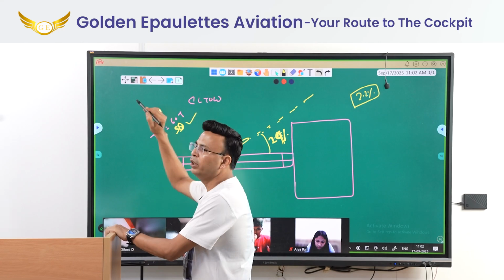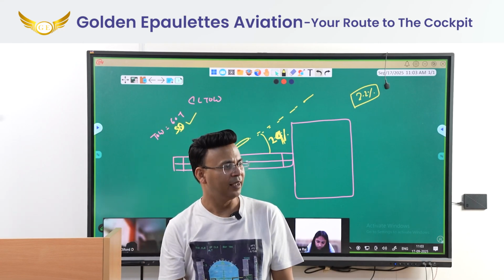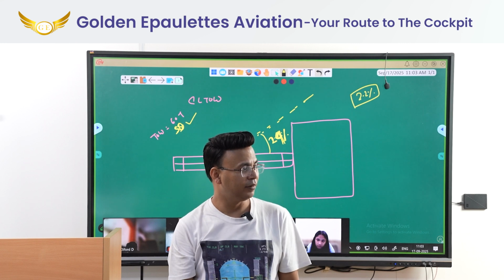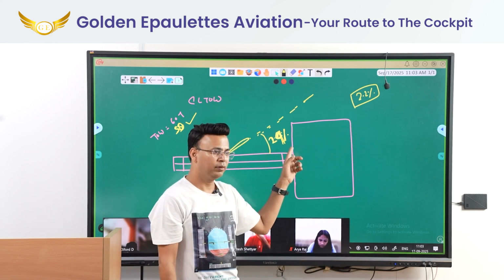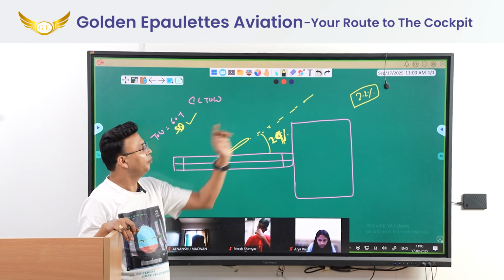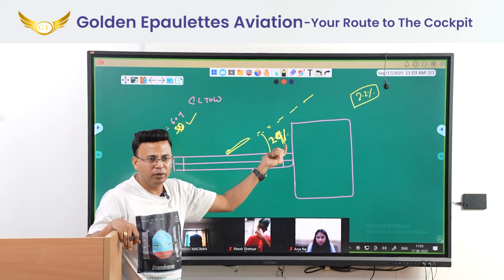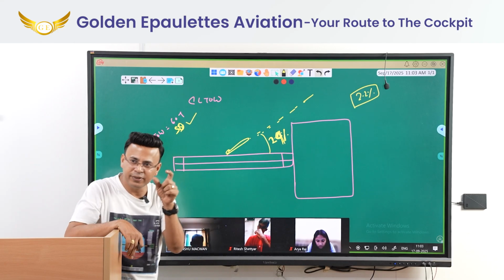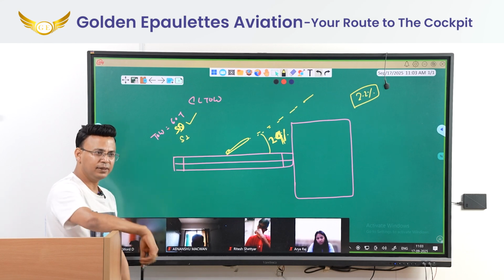Will you call this the climb limiting takeoff weight? Yes? How can this be a limit? I can, because the minimum required is 2.2. I'm getting 2.4, so I'm getting better. I can take a little more mass. The minimum required is 2.2, right? I'm getting a gradient of 2.4. It means I have some buffer to increase this weight to maybe 51 tons.